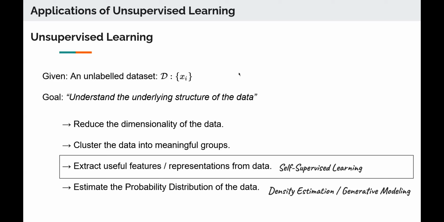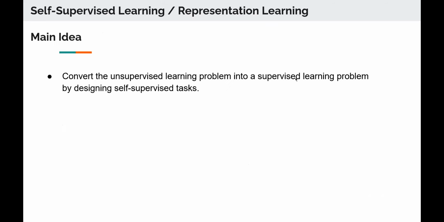Okay, so let's start with self-supervised learning. The main idea is to convert the unsupervised learning problem into a supervised learning problem. For supervised learning problems, we know that we need pairs of inputs and outputs that we can then ask the network to learn the mapping between.